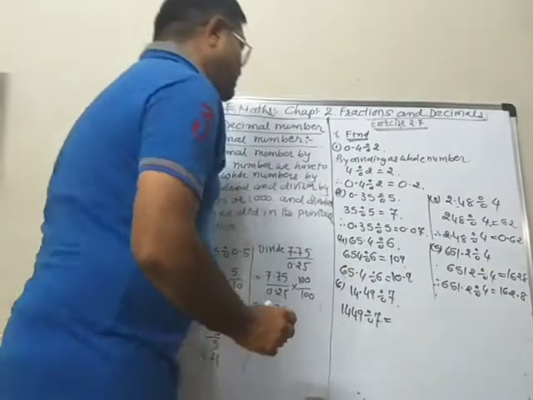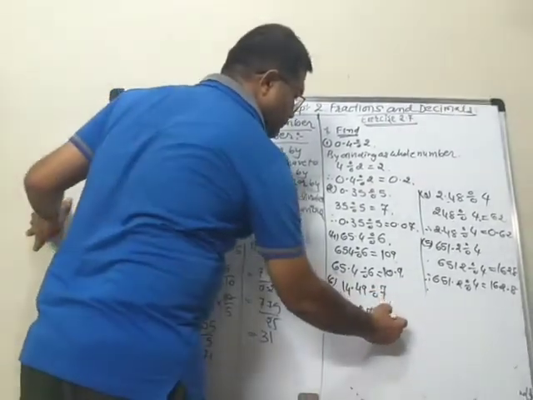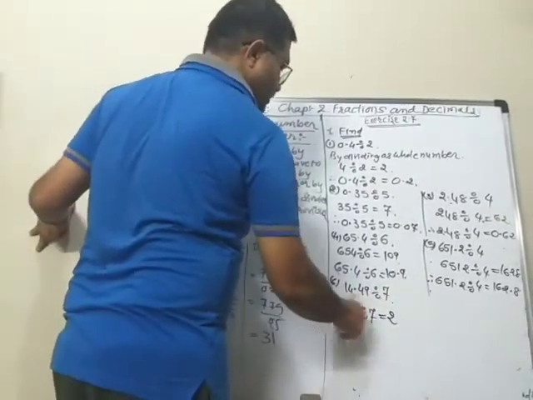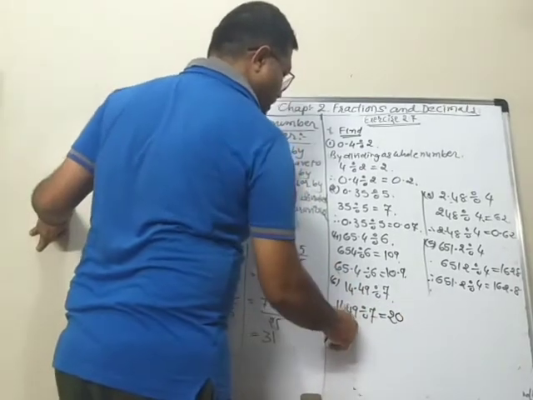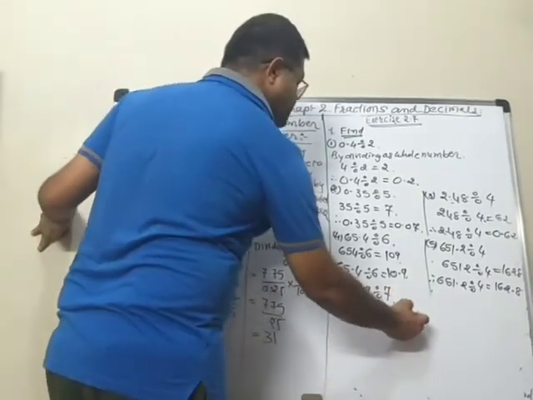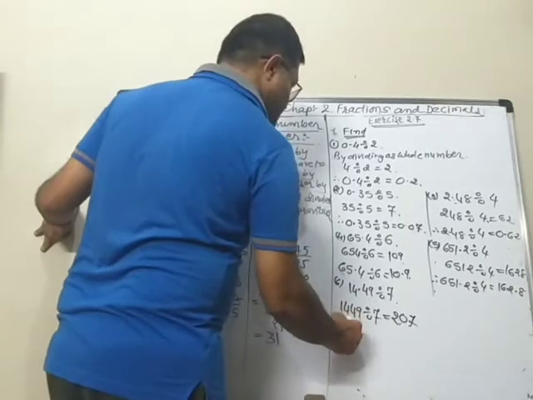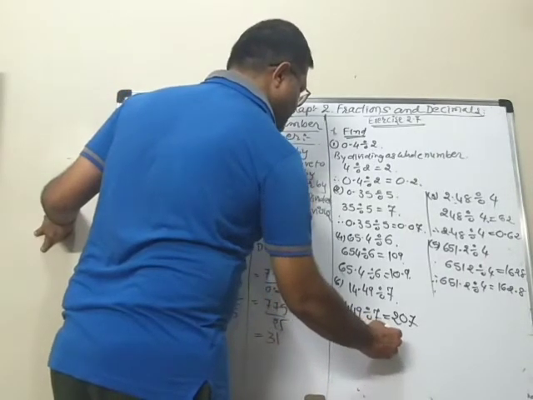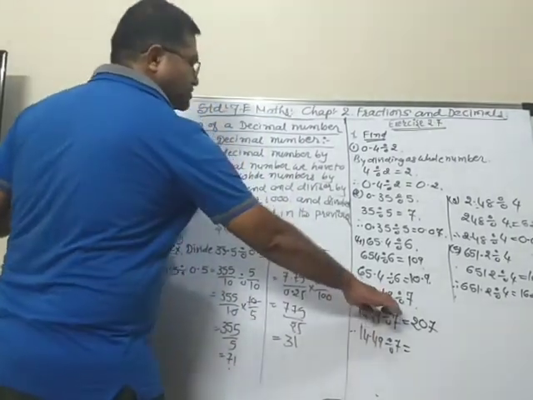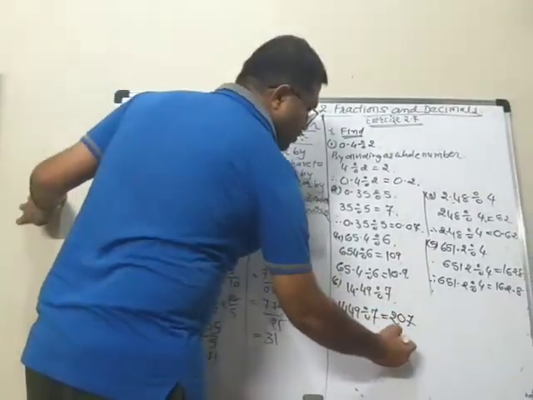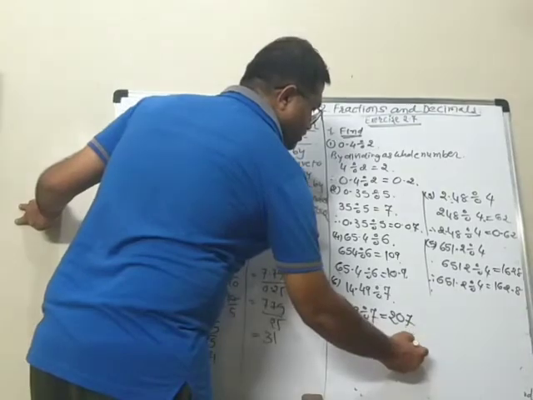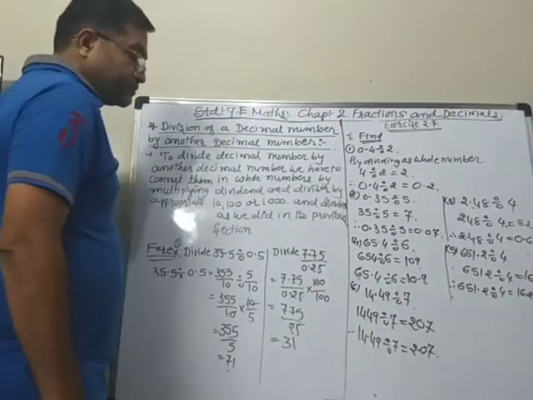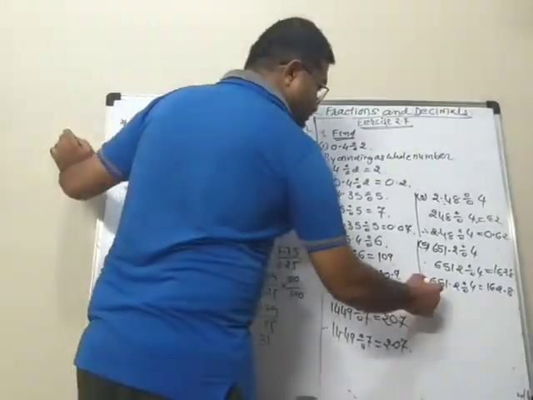So it will be 7 twos are 14, then 0, and 7 sevens are 49. Therefore 14.49 divided by 7. Now there are two decimal places, so in the answer also, 2.07 is the answer.